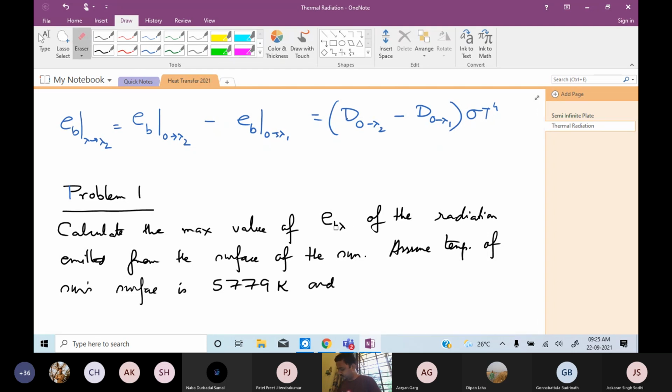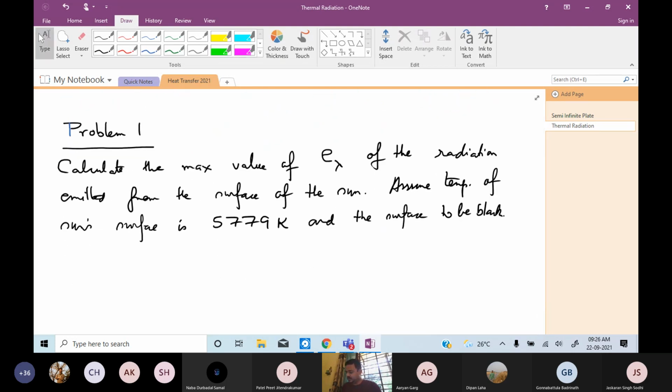Actually, I should not have written this. I should have written E lambda. And the surface to be black. Okay. So what does it mean?